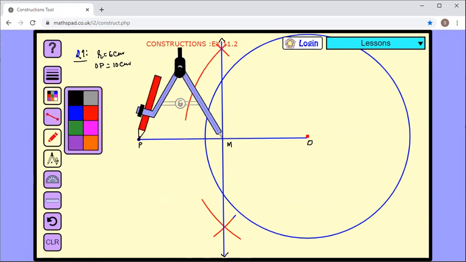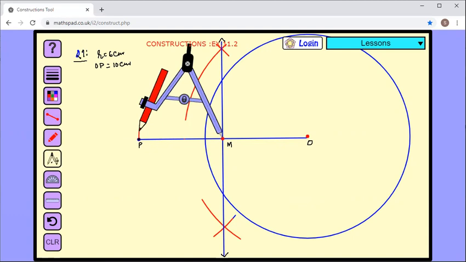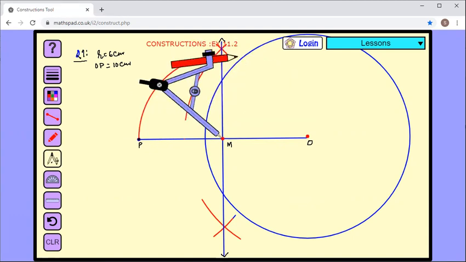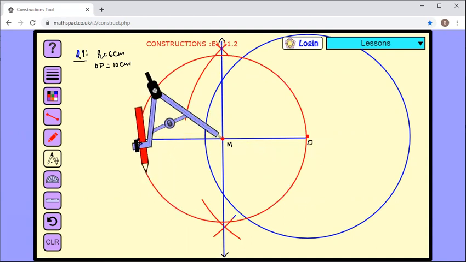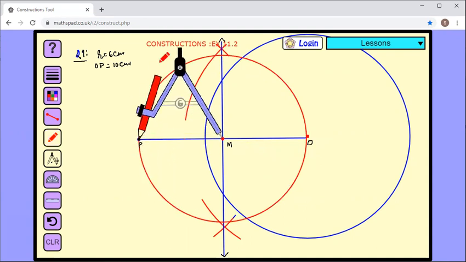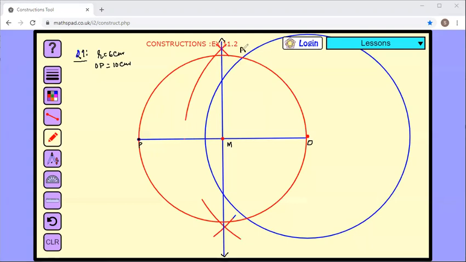This circle and the previous circle, the original circle, they will meet each other at 2 points. These 2 points are A and B.